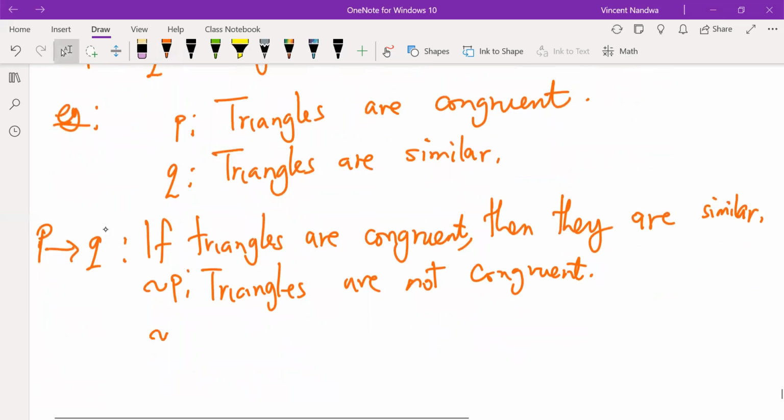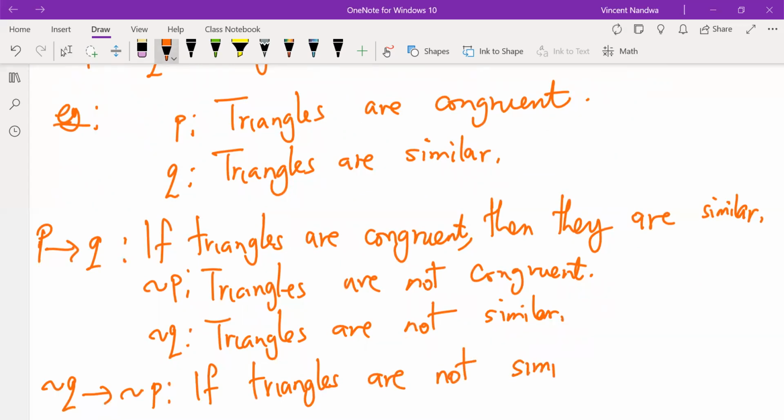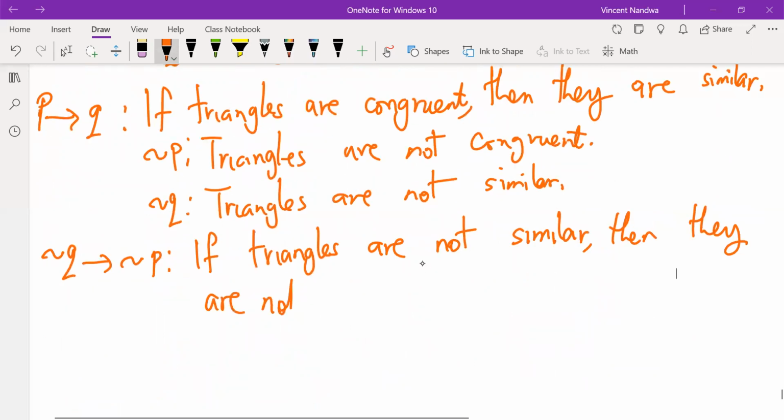Not Q is triangles are not similar. So therefore, not Q implies not P will be if triangles are not similar, then they are not congruent. So that's what we have.